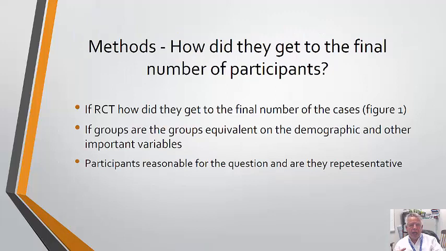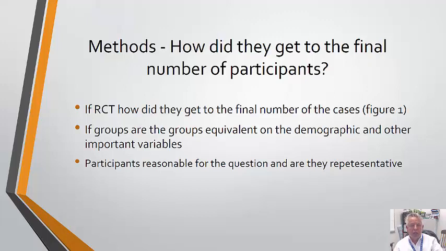The next question is, how did they get to the final number of participants? So we'll talk a little bit about that article I just showed you, but also the idea in a randomized controlled trial. They will present you with a figure 1 that gives you a detailed description of how they got there. So it may be that they had 10,000 people signed up for the protocol. They threw out all the females because this research only applies to males.